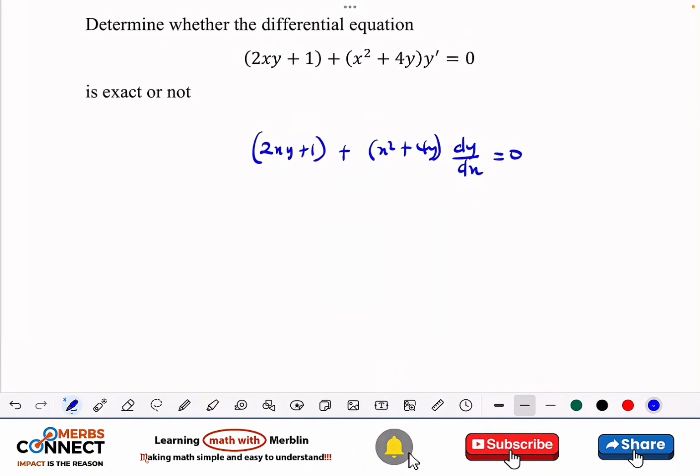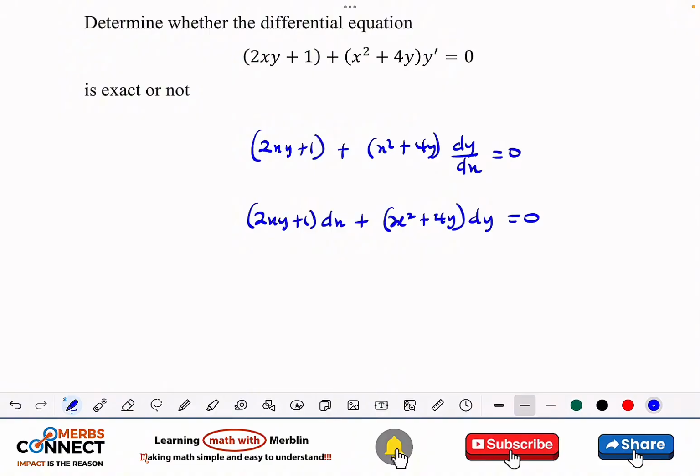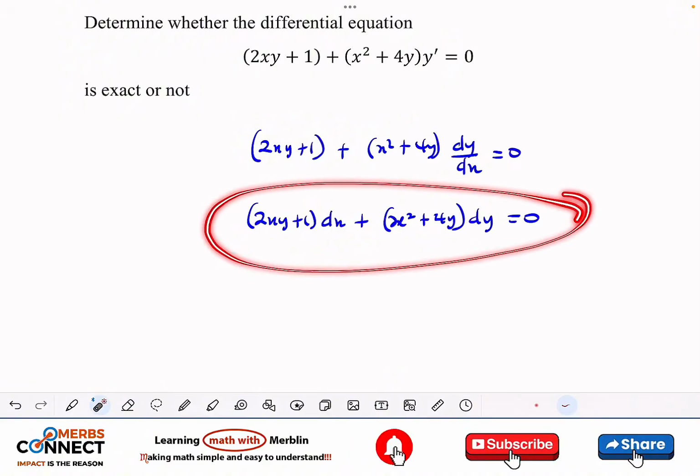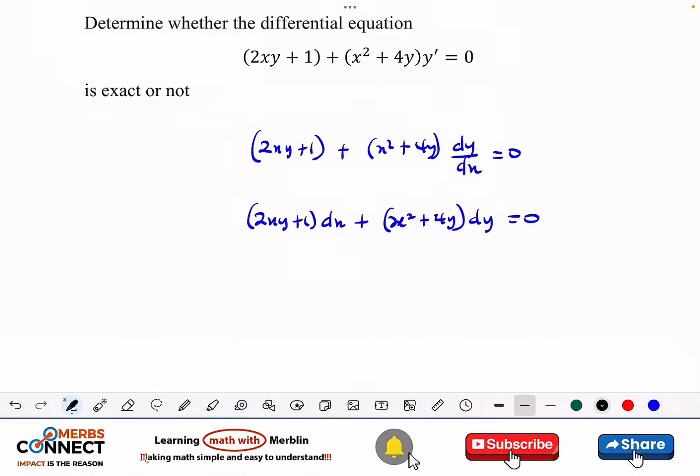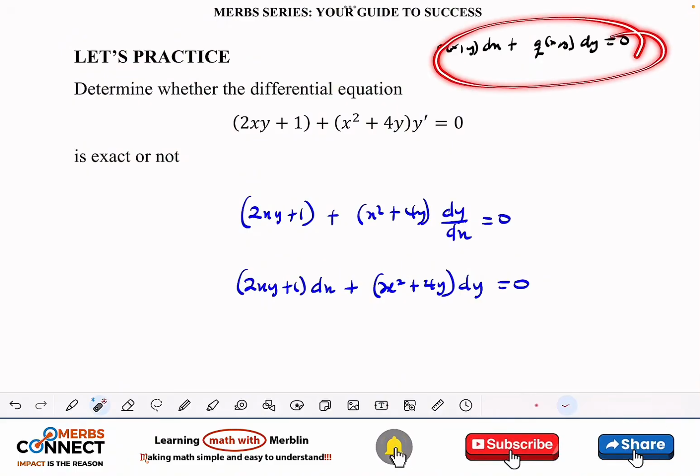So what I need to do is multiply through by dx. So I'm going to have 2xy plus 1 dx plus x squared plus 4y dy is equal to 0. So now this is the form, right? Because we need to write it in this form: P of x, y dx plus K of x, y dy is equal to 0. So we're able to write it in this form.